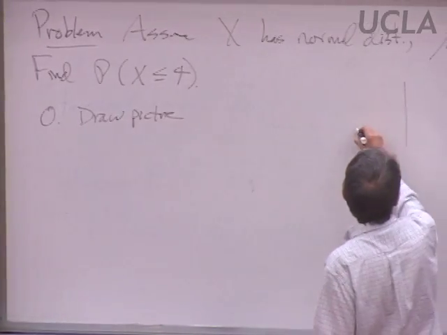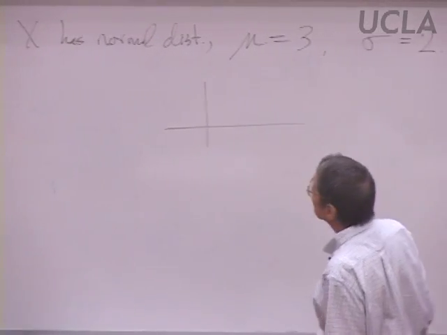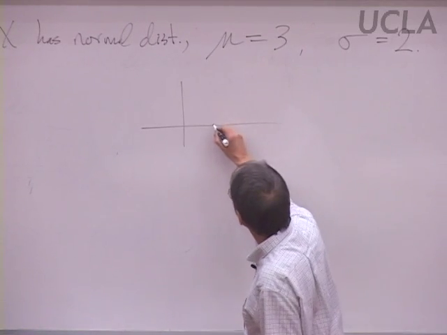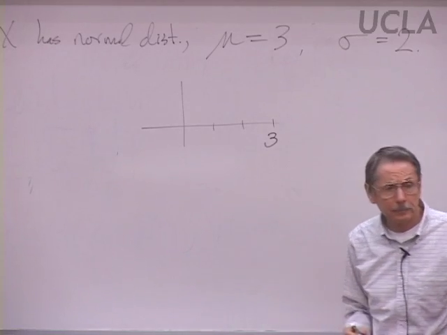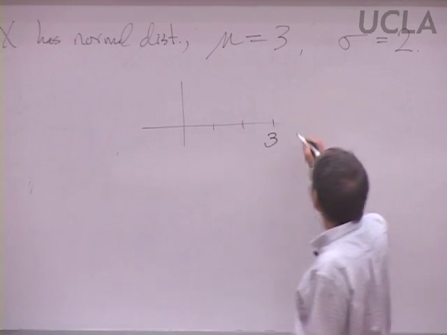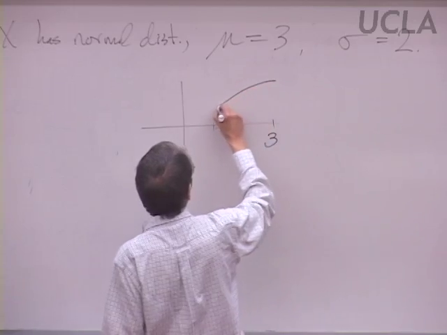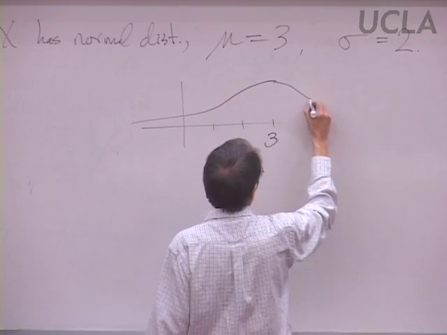The density function for x. Yeah, the mean is 3 and the standard deviation is 2, so we know what the density function looks like. It looks like this.